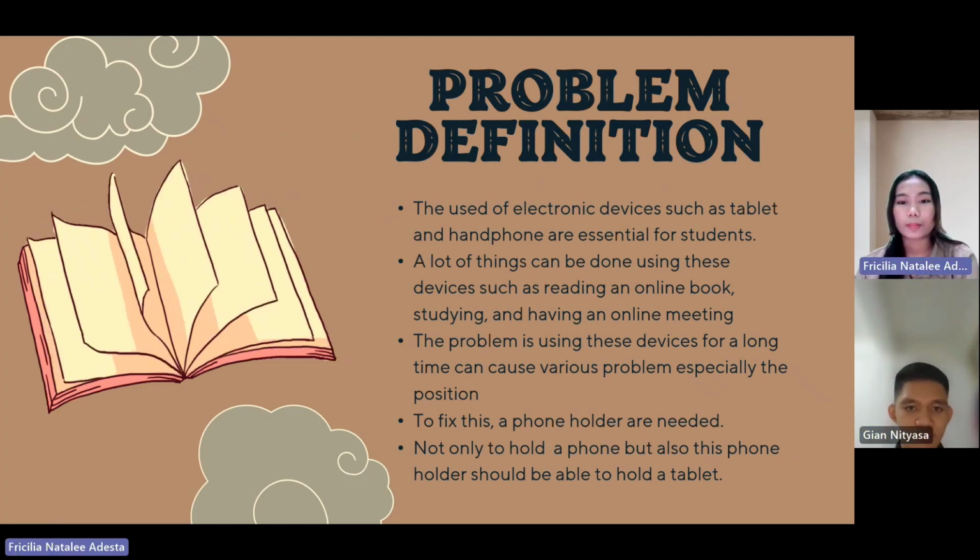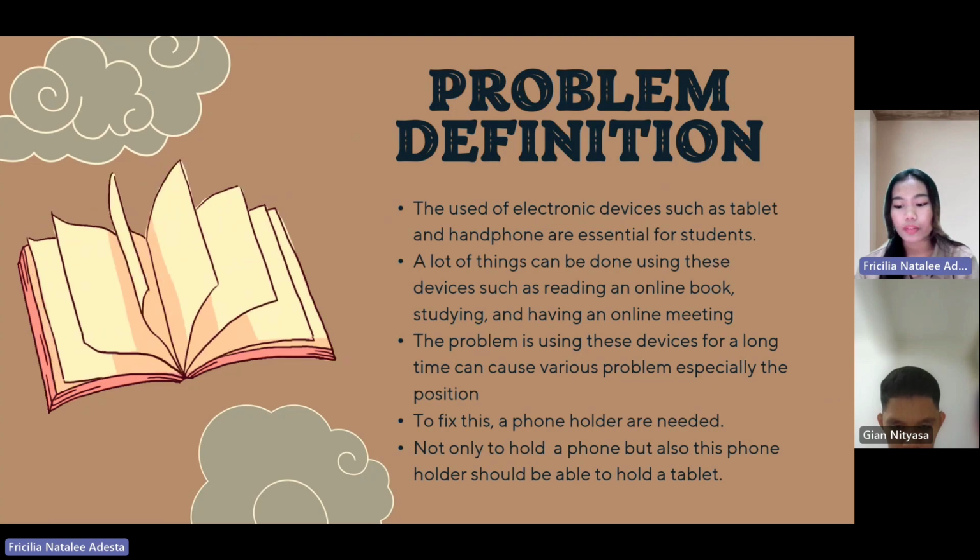So this is the problem definition. In this era, students need a phone or tablet to do their school activities such as studying online, meeting, or reading an online book. In this case, they need a phone holder which can hold both a phone and a tablet to make them feel more comfortable when they use these devices.